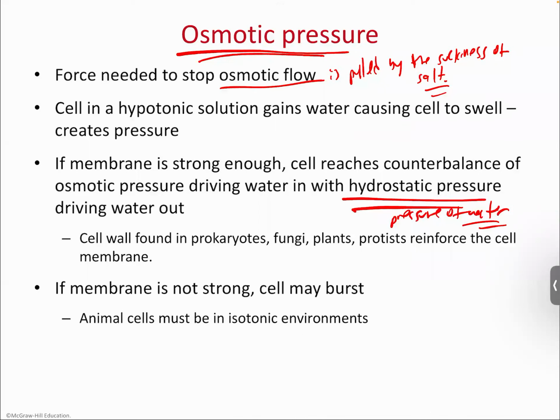The force that I use against the water is equal to and directly proportional to the strength of that sucking effect of the salt. So the more suck that the water has on it, the stronger that osmotic pressure is going to be. If it's a very gentle suck, then it's not going to be a very strong osmotic pressure.